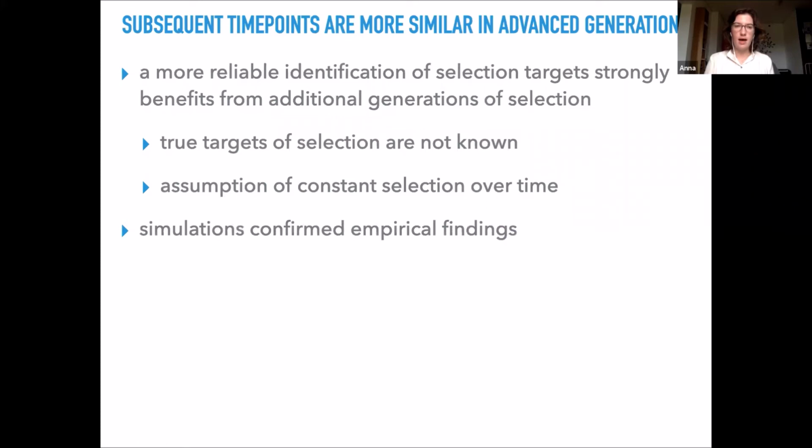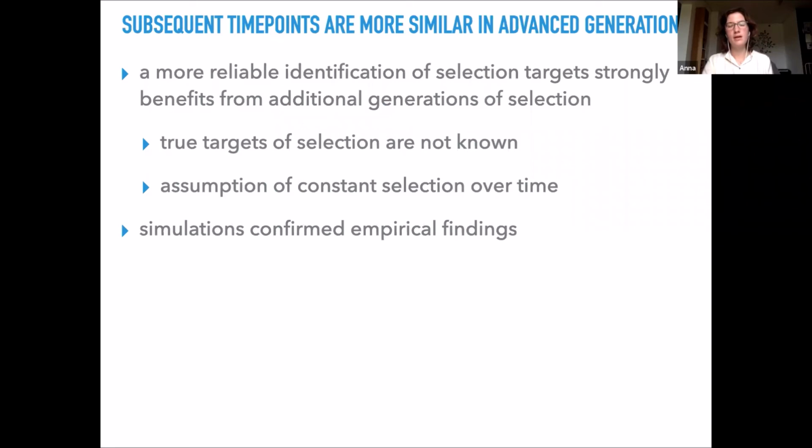However, I have performed simulations mimicking this setup, and with simulations you have a gold standard, so I really know which ones are the targets of selection, and I observe similar patterns to what I just showed you. I just have to skip this because of time restrictions.